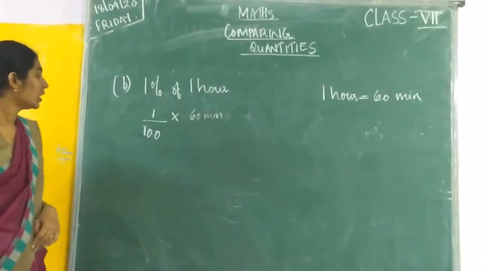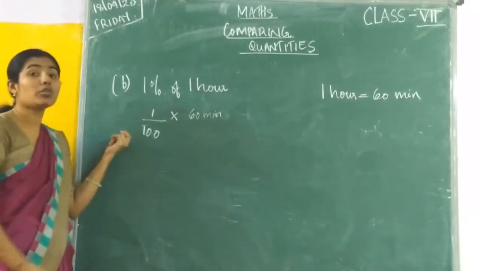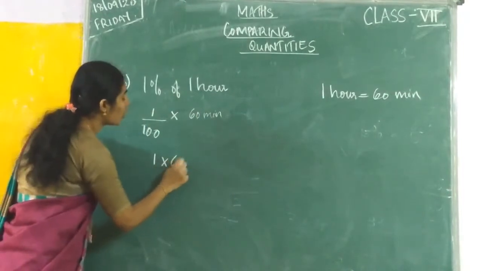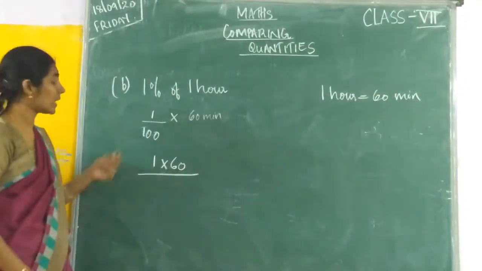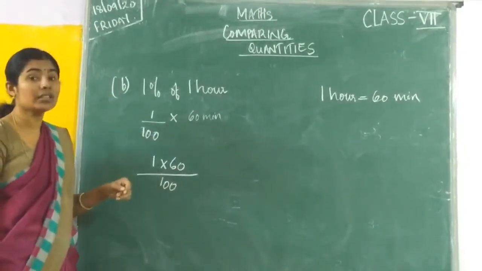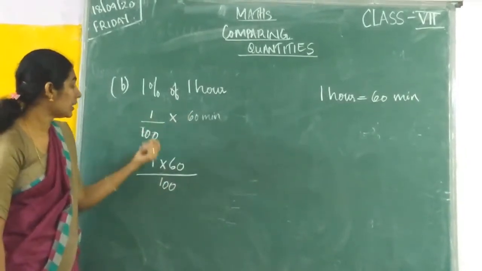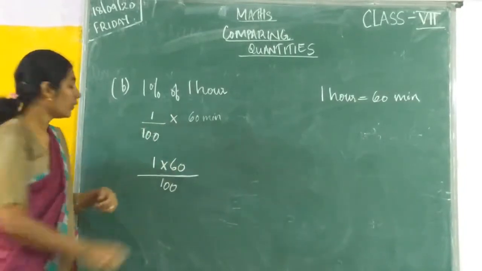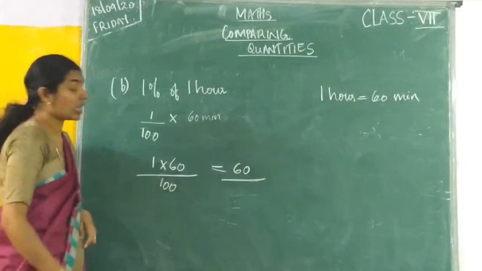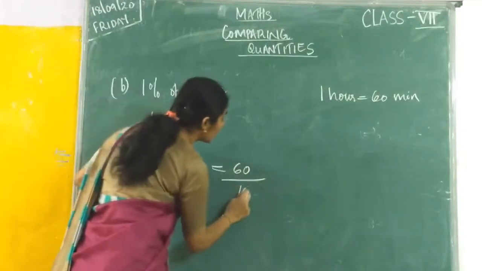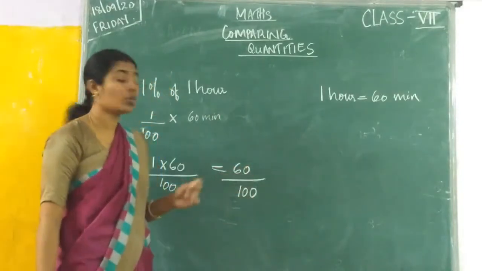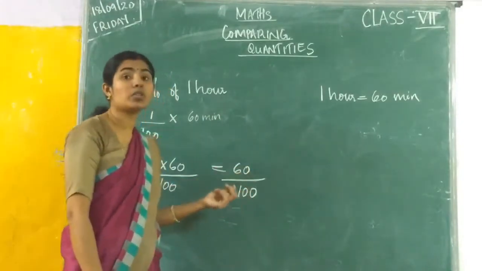minutes. Now let us see how you will multiply this fraction. Numerator you should multiply with the whole number and denominator is unchanged. What will you get? 1 multiplied by 60 divided by 100. What is 1 multiplied by 60? That is 60 itself. What is the denominator? 100. Now let us see the numerator and denominator, both numbers have the same number of zeros.